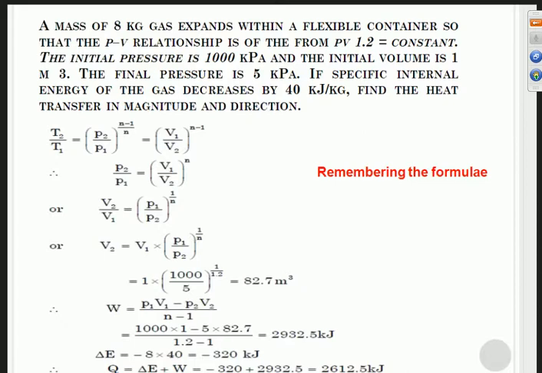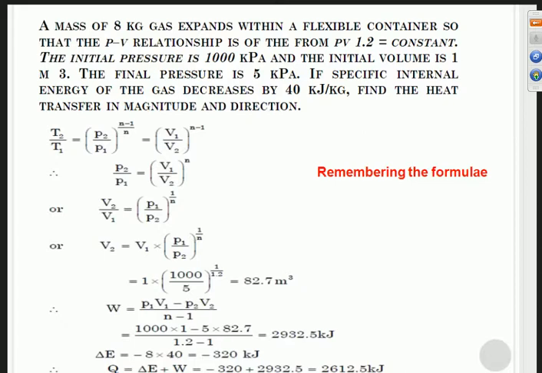Let us consider one problem here. A mass of 8 kg gas expands within a flexible container so that the PV relationship is of the form PV^1.2 is equal to constant.